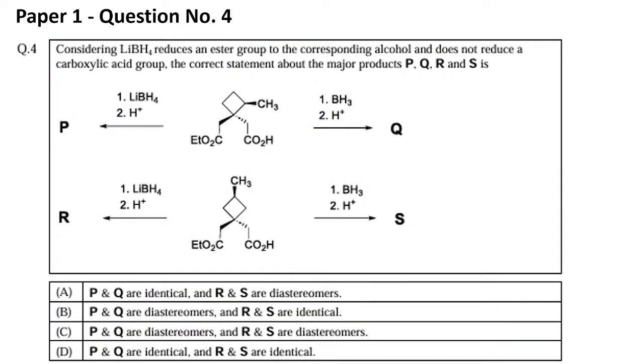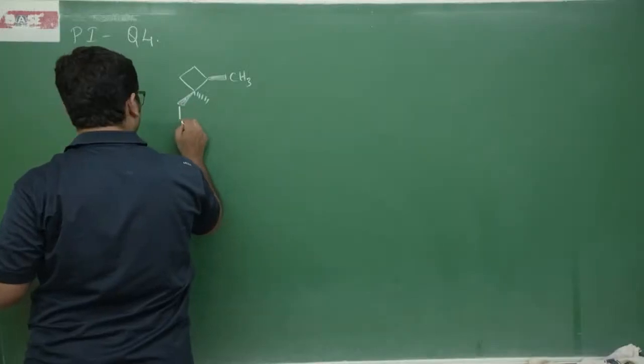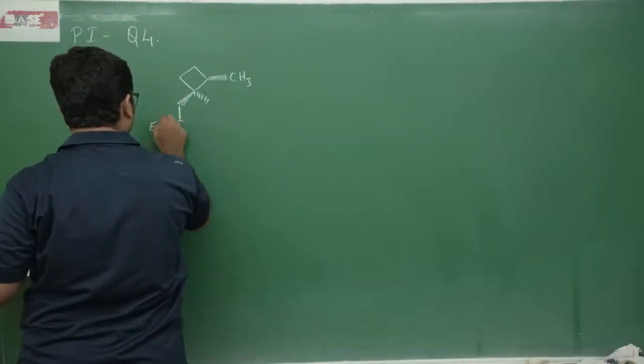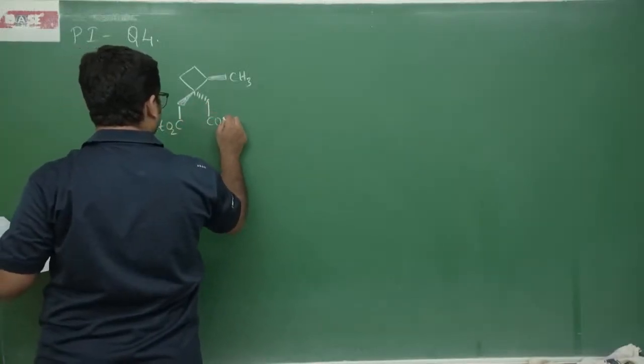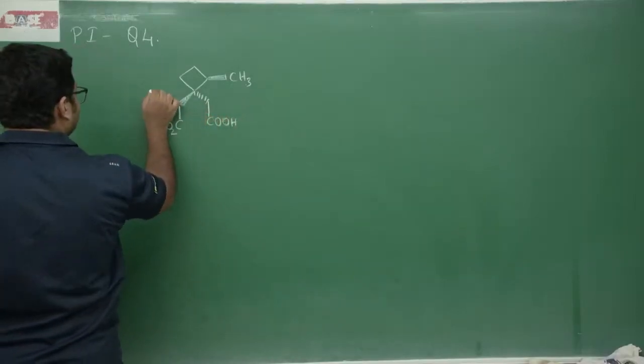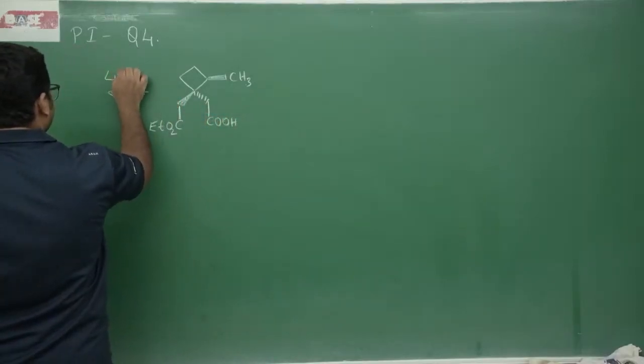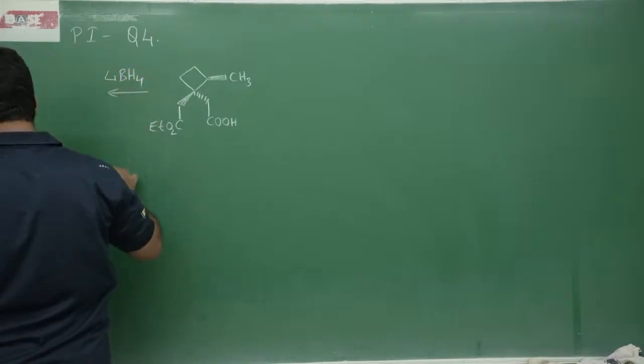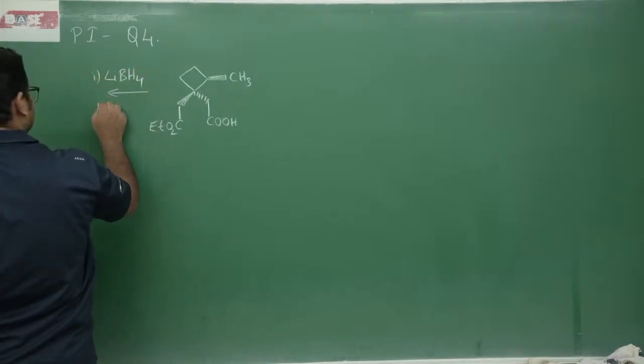So here in the first reaction we have a carboxylic acid functional group and an ester functional group. And the given compound is chiral. Okay, so this compound is reduced with lithium borohydride, LiBH4, followed by acid hydrolysis.